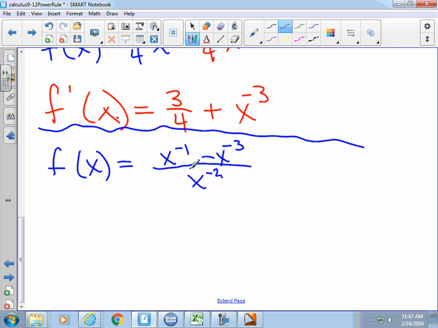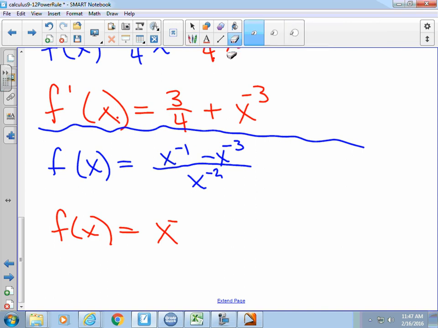Hey, can I divide both pieces by that denominator, though? Yes. So f of x is negative 1 minus negative 2. What is negative 1 minus negative 2? Good. Minus negative 2 is like adding 2. So I get x to the first minus negative 3 minus negative 2. Wait, this is f of x.